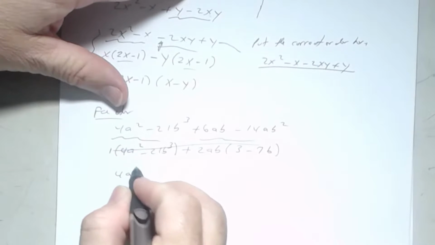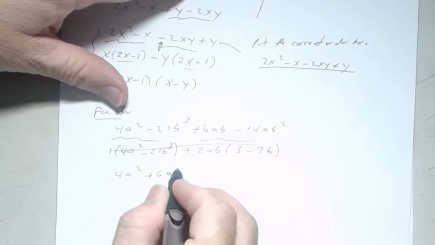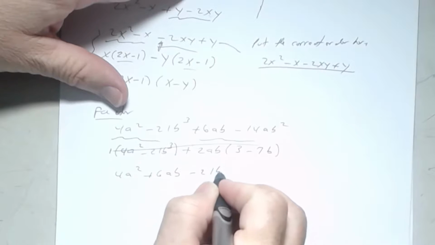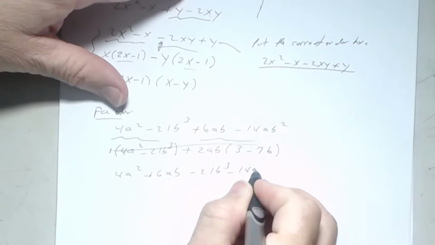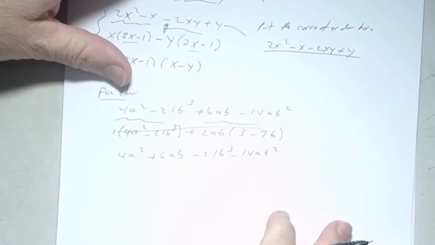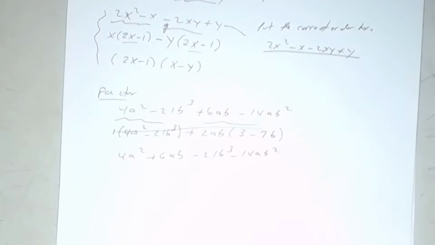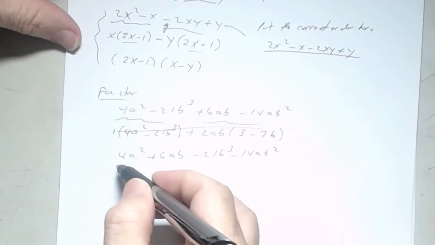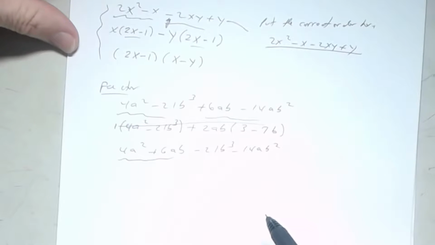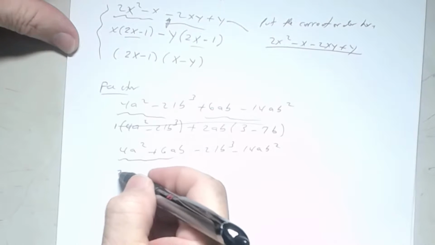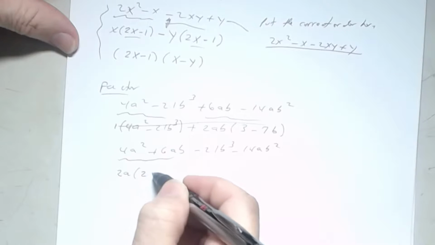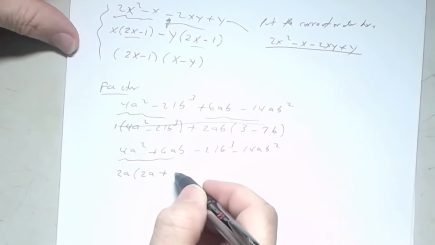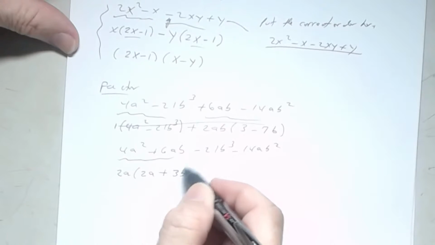So let's try this: 4a squared plus 6ab minus 21b cubed minus 14ab squared. I just changed the order of the middle two. From the first group, what can I factor out? 2a, and then 2a plus 3b.